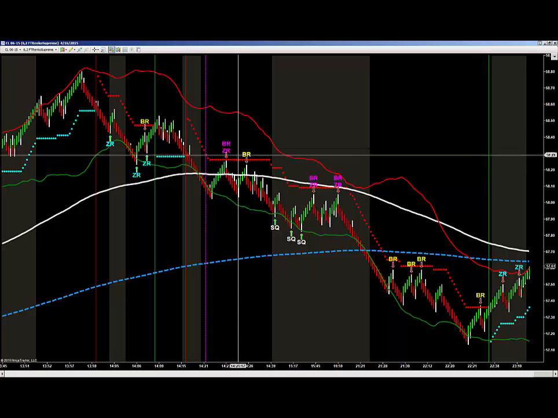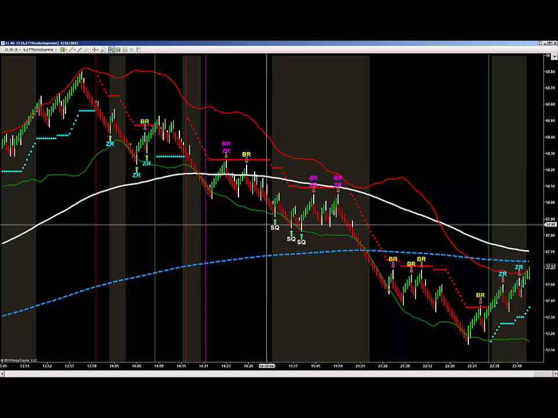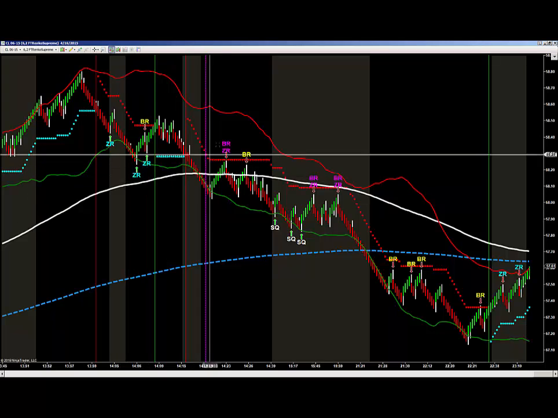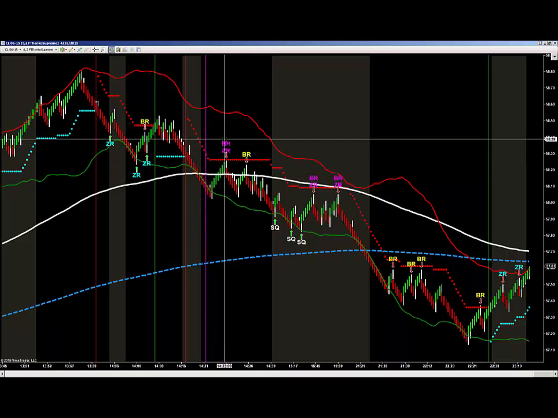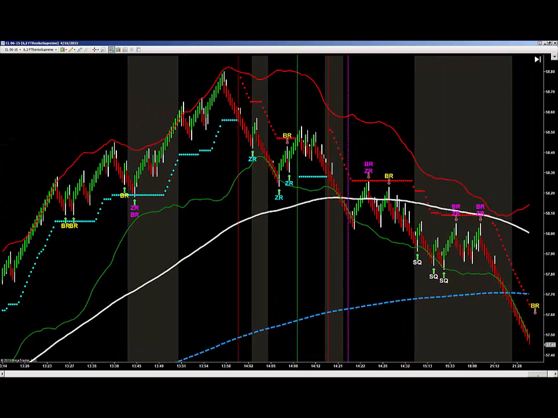So the standalone BRs are yellow, standalone SQs are white, standalone ZRs cyan, and the stacked signals are magenta or fuchsia. So now we've got the ZRs.